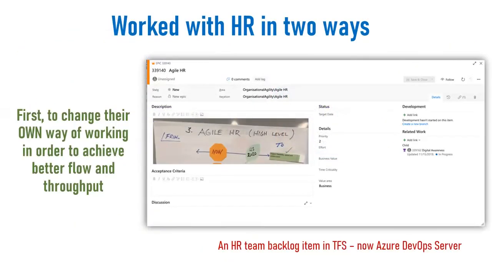First of all, we actually worked with HR and treated them as an agile team. We started off with an iterative approach, but we were moving towards more of a Kanban approach.